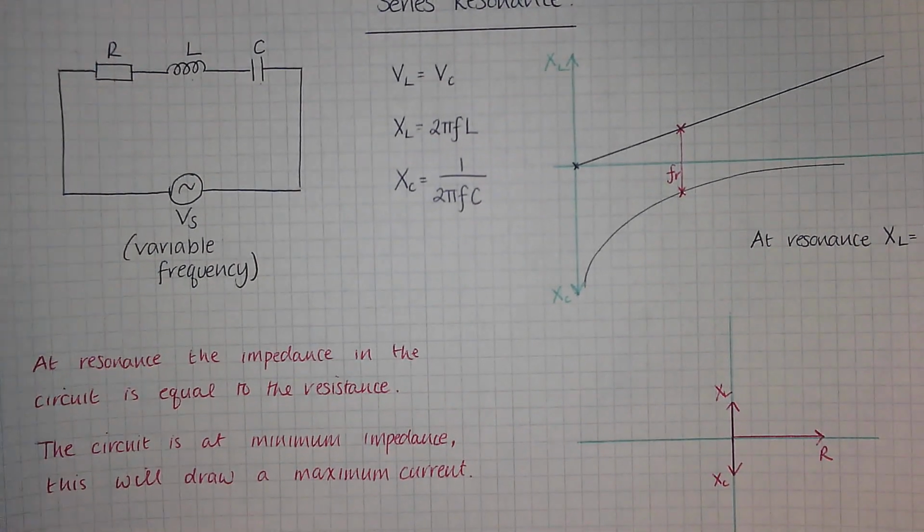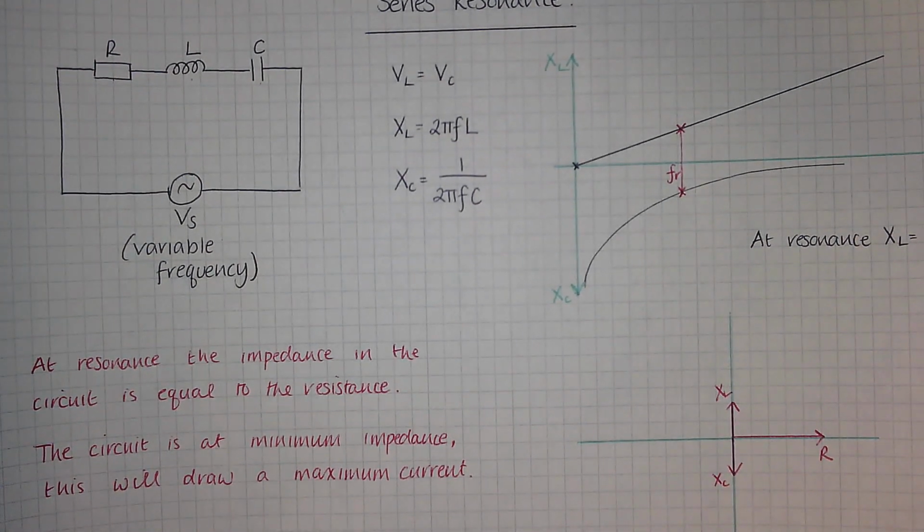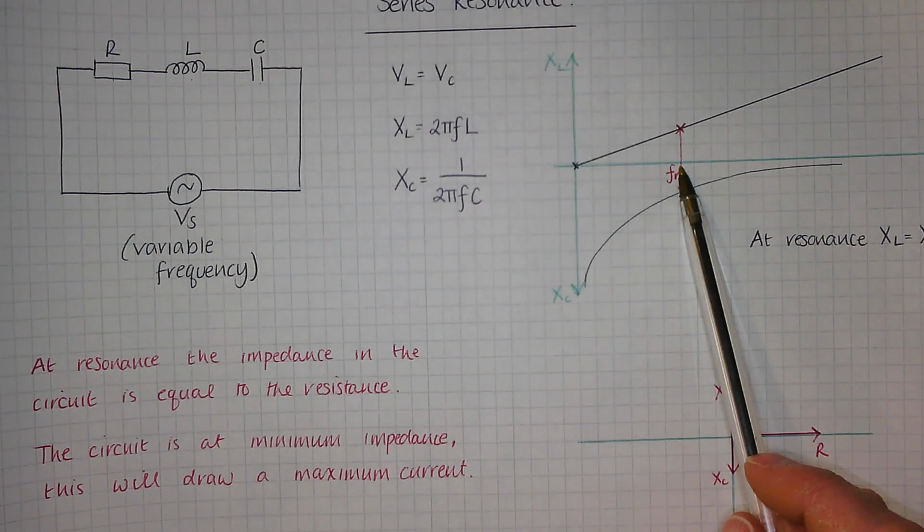So that's why you use these types of circuits as filters. Because you would have a maximum current that can pass through, and then at all these other frequencies, everything else would be diminished. So you'd get a big oscillation or a big current at a particular frequency.